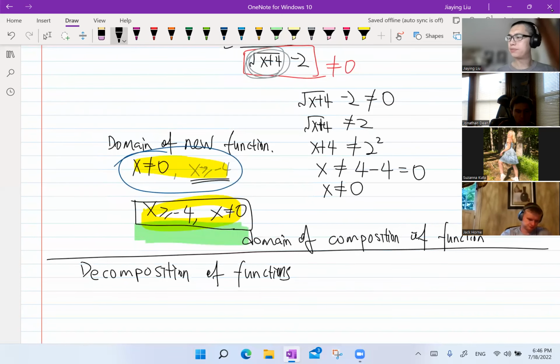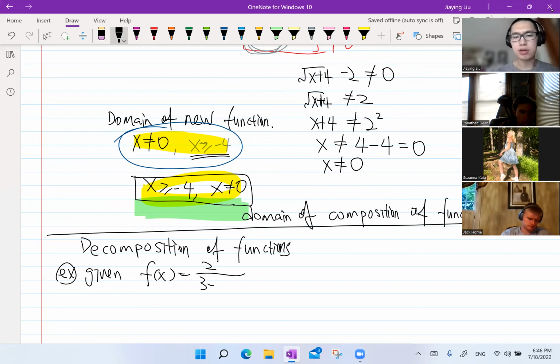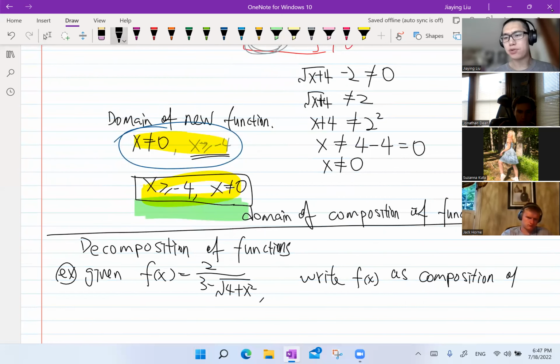For example, given f of x equals 2 over 3 minus square root of 4 plus x squared. So we're going to write f of x as a composition of two functions.